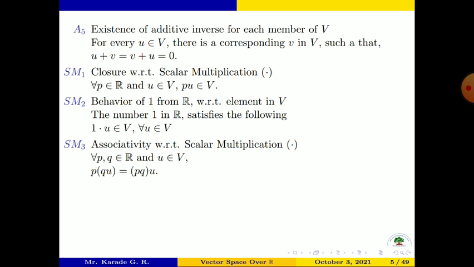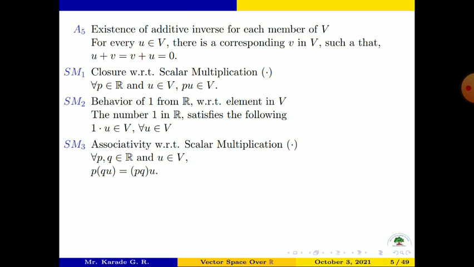So both those things must be the same. This is called associativity with respect to scalar multiplication. That property must be satisfied by V with respect to the scalar multiplication operation.